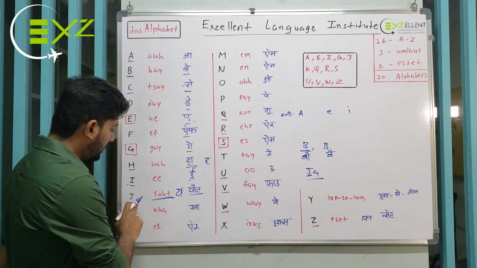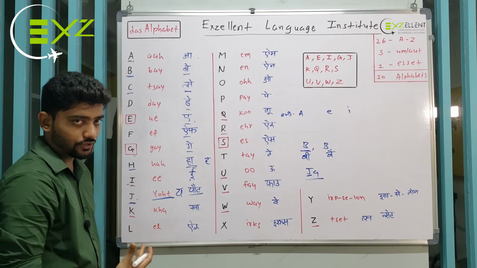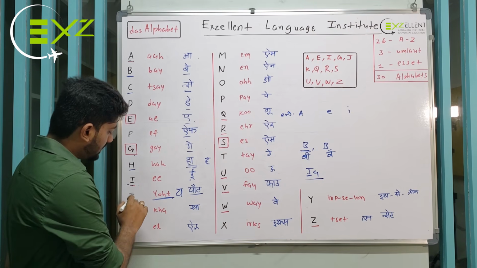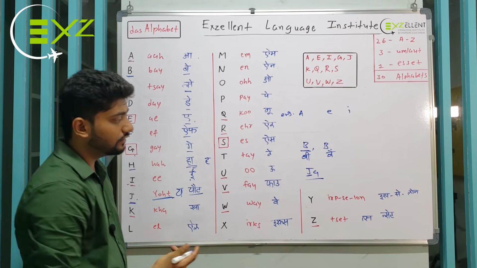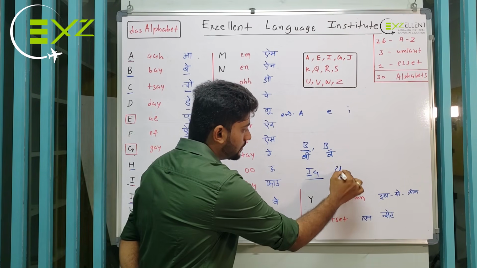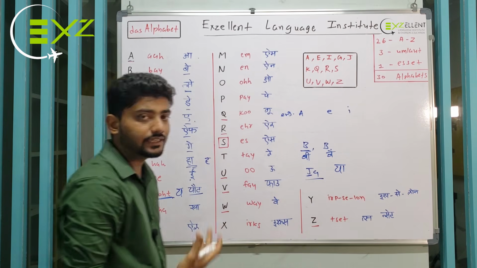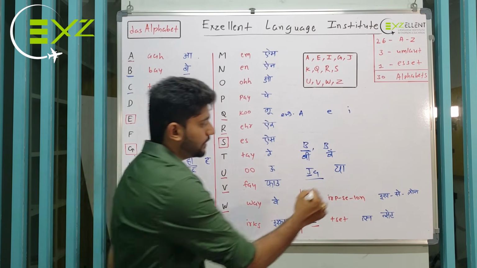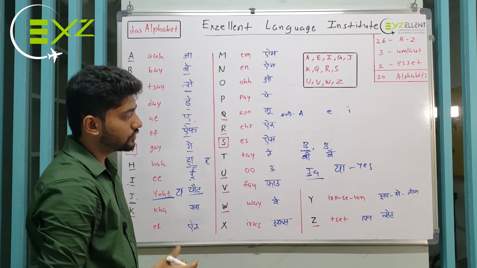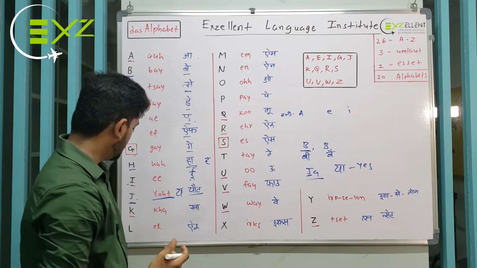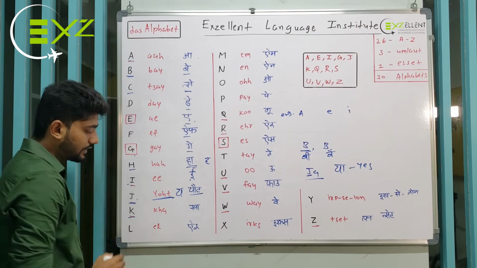Identity of this alphabet in German language is Jot. So because J has become Jot, pronunciation is Ya, that's why we will pronounce this as Ya, and it means yes in German language. So Ya means yes.